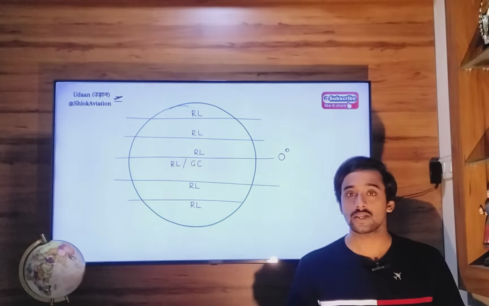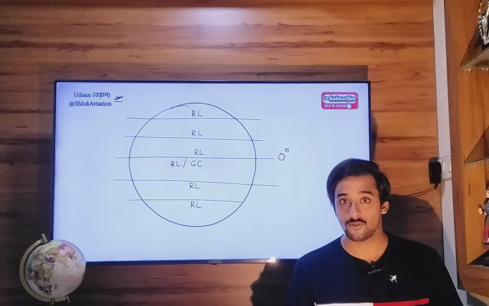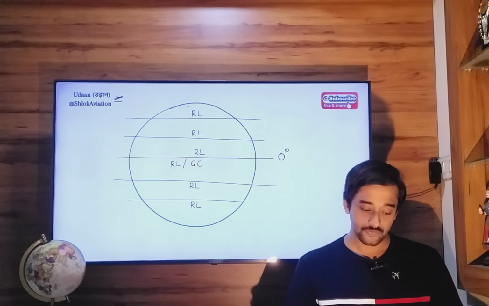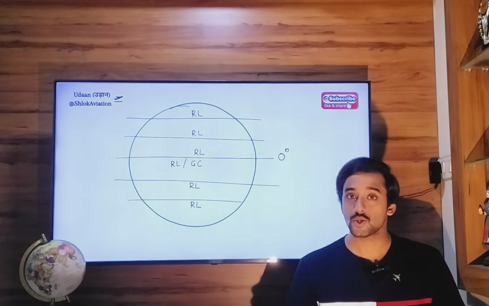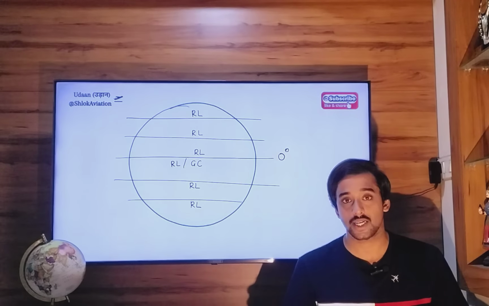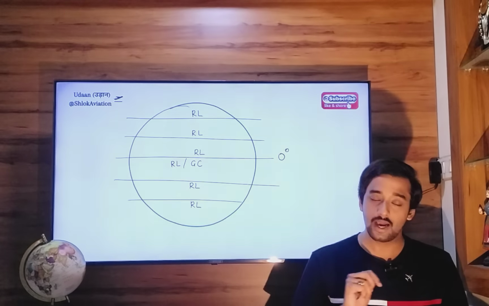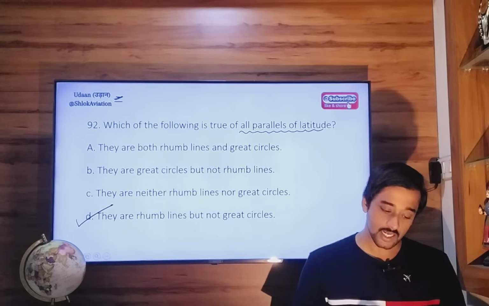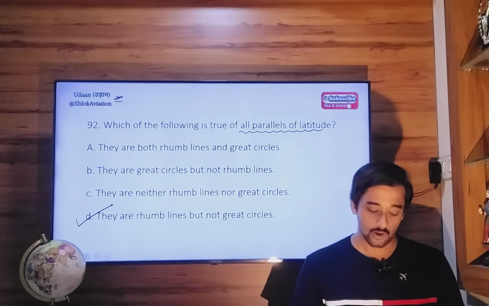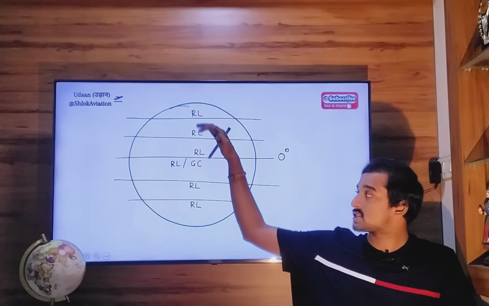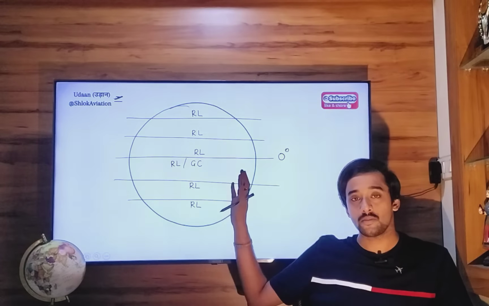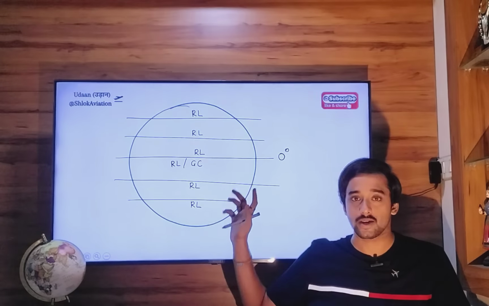But they do not have the same center as that of the Earth's surface and the radius of the earth, so they cannot be regarded as a great circle. Equator can be. So the only answer that is satisfactory here is delta, because all latitudes are rumlines, but all latitudes cannot be great circles except the equator.